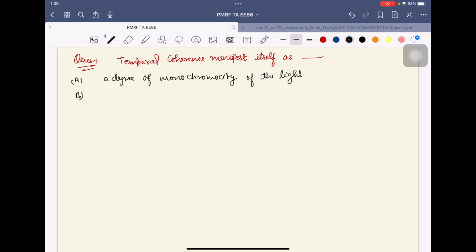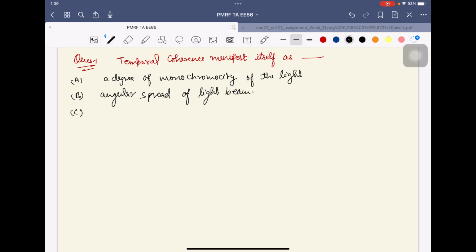and B is angular speed of the light beam.